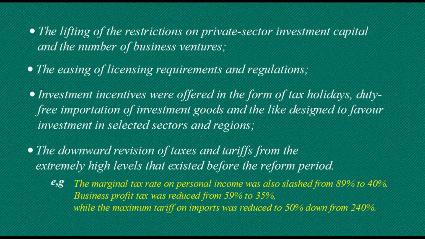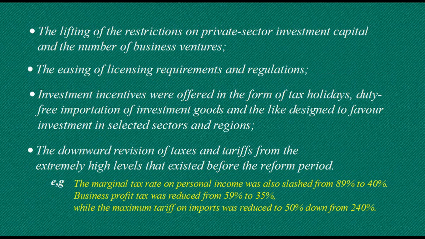The easing of license requirements and regulations. Licenses for investment in other business activities now became easy. Investment incentives were offered in the form of tax holidays and duty free import of investment goods. There was a downward revision of taxes and tariffs from the extremely high levels that existed before the reform period.